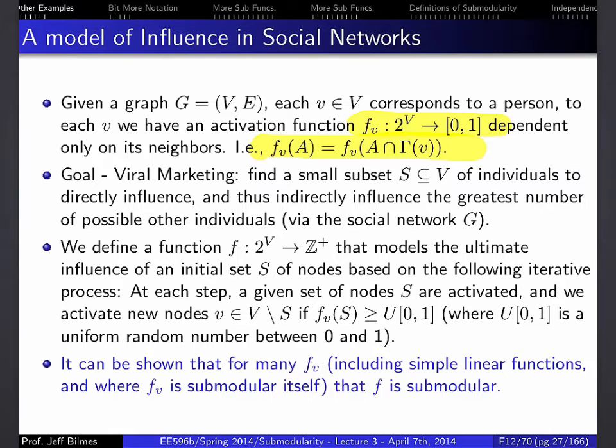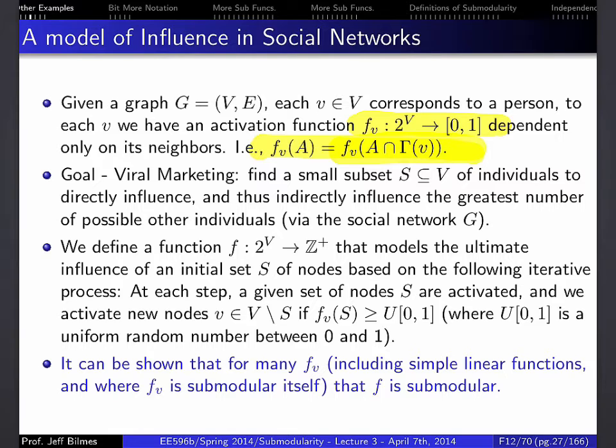So f of v of A is basically equal to the value of A intersected with the neighbor function. So if nobody other than your neighbors is influenced, then you're not likely to be influenced. But as more and more of your neighbors are influenced, your propensity to be influenced increases. So it's not really a concave function, but let's say that f of v is some submodular function.